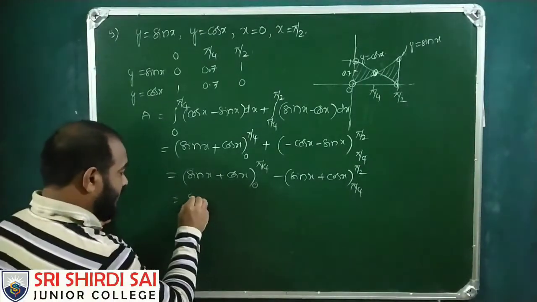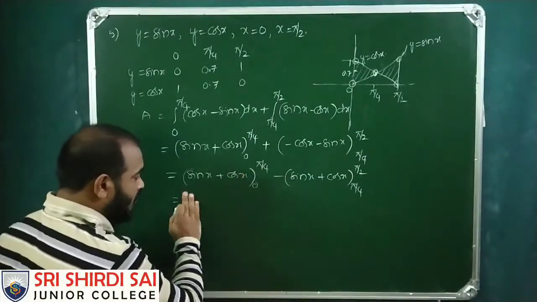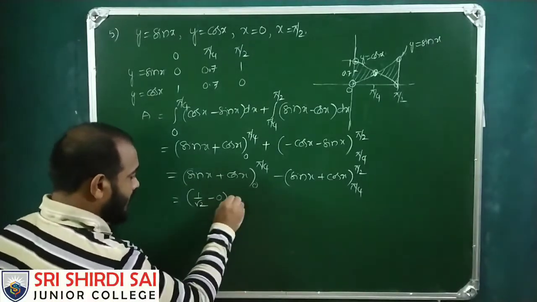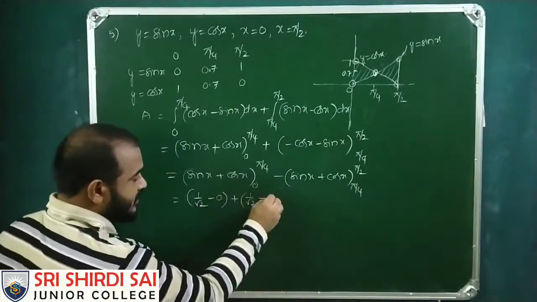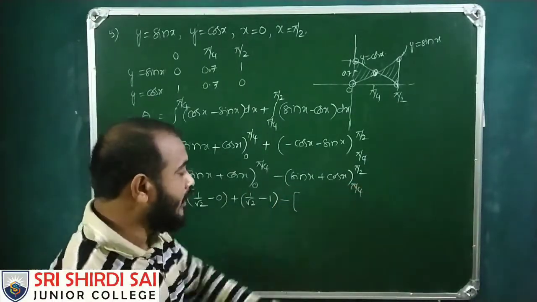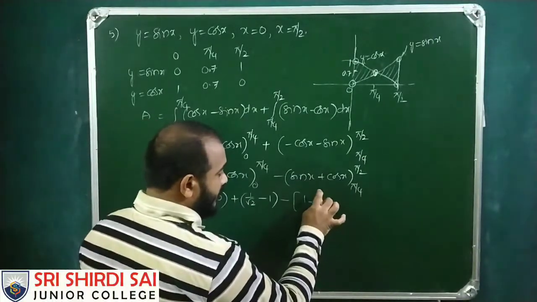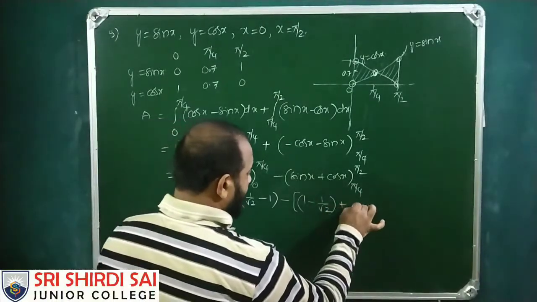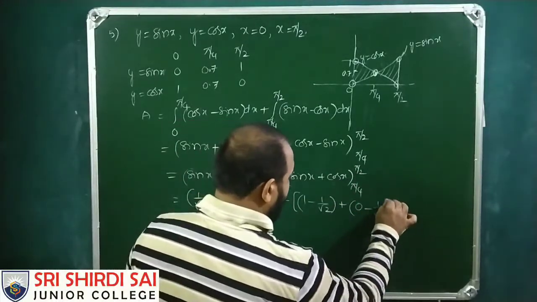So in the place of x, upper limit, sin pi by 4 is 1 by root 2, minus sin 0 is 0, plus cos pi by 4, 1 by root 2, minus cos 0, 1, minus of sin pi by 2, sin 90 value is 1, minus sin pi by 4, 1 by root 2, plus cos pi by 2, 0, minus cos pi by 4, 1 by root 2.